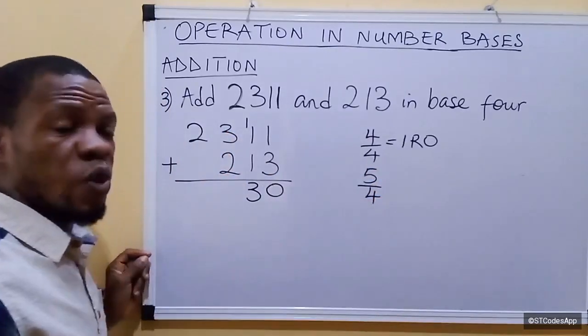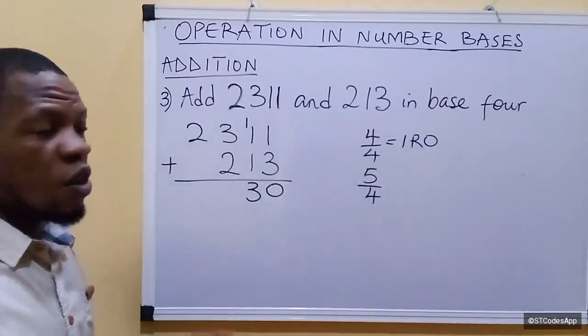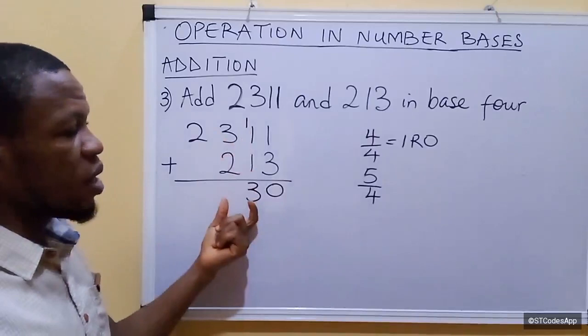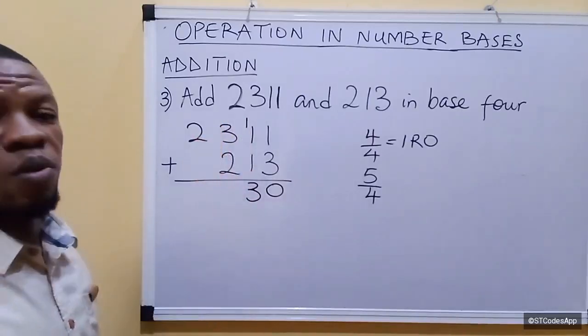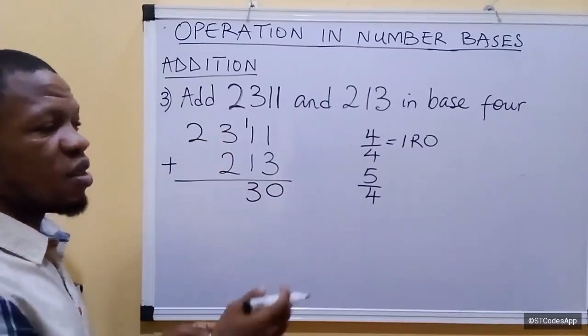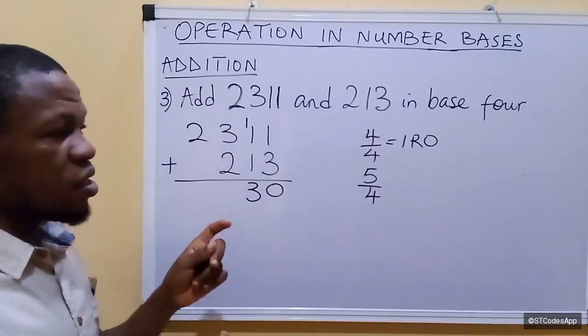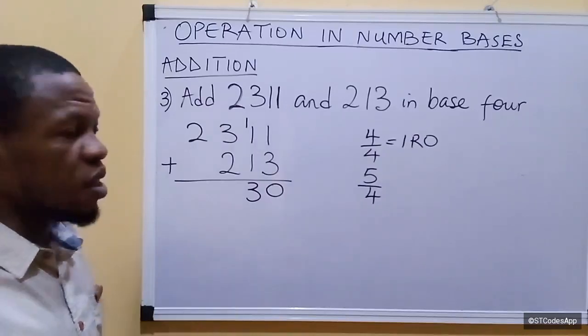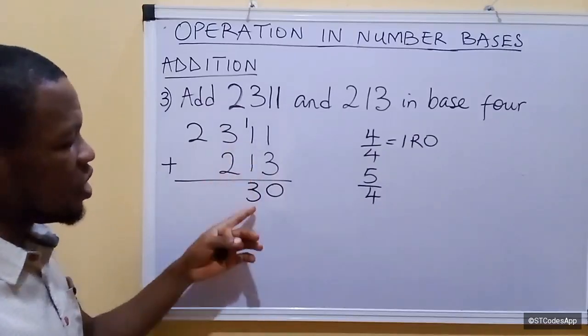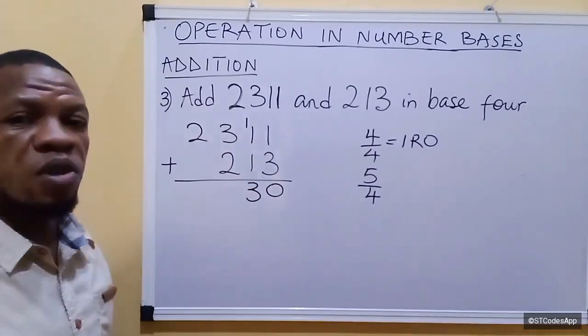So what it means is that we only divide by the base when the sum we got in each place value is greater than the base. If it is equal to the base, we also divide. But if it is less than the base, we simply put it down, like we did in this second place value here.